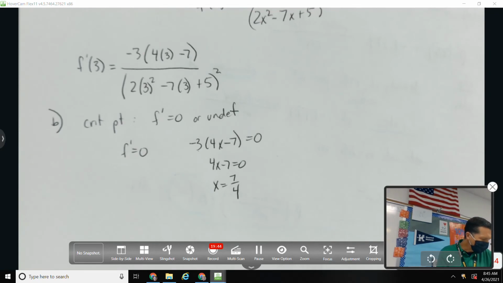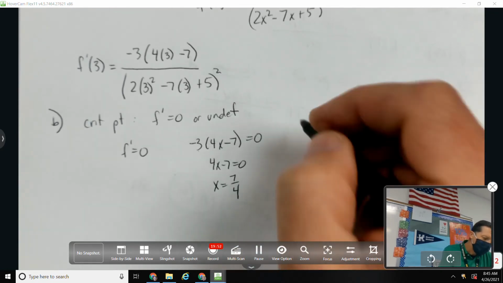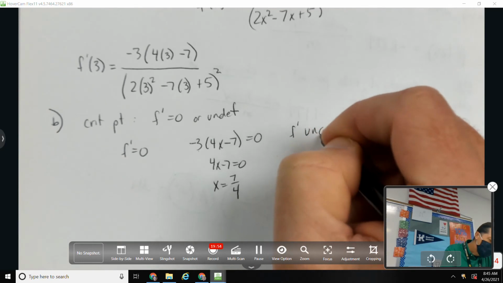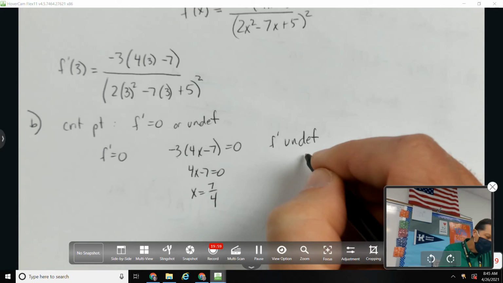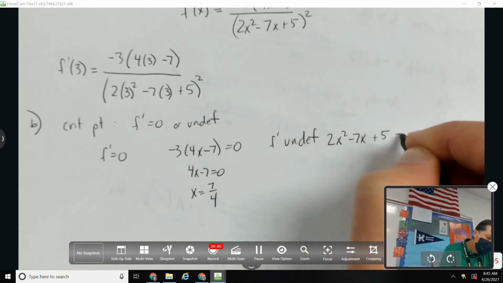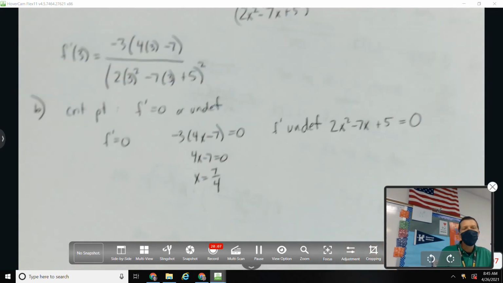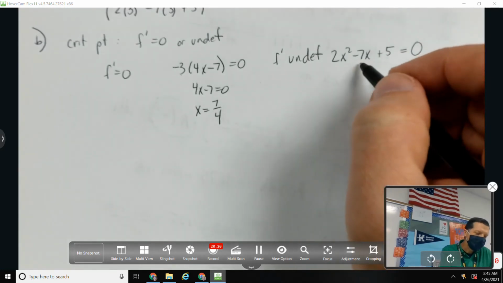So 7/4 is a critical point. And it said it only wanted in between 1 and 2.5. I'm not sure why that is, but 7/4 is bigger than 1 and less than 2.5, so that counts. f prime undefined would be where the denominator equals 0. Oh, please, did they give us one that factors? Multiplies to 10, adds to 7. There's nothing that does that.